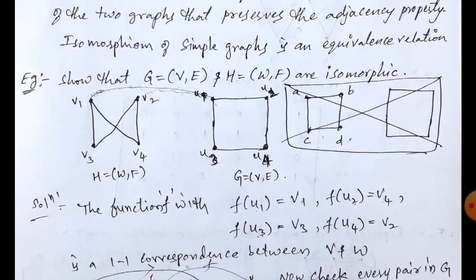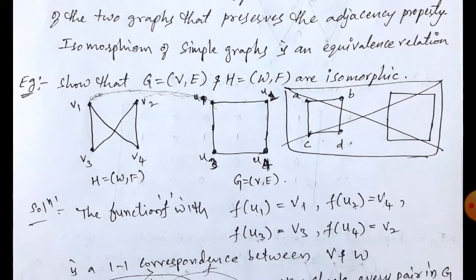Now observe this example. Show that G and H are isomorphic.